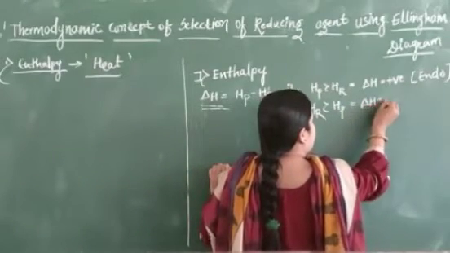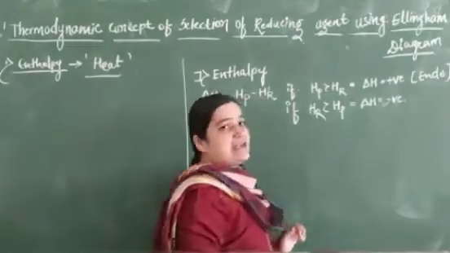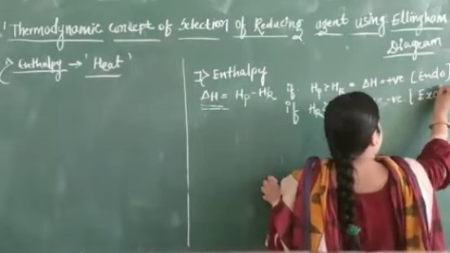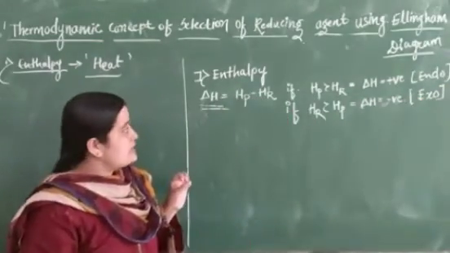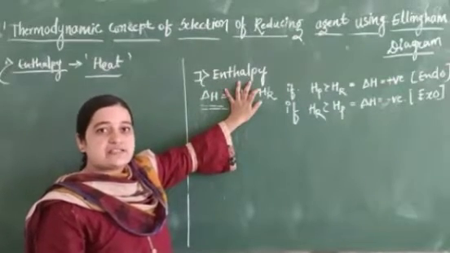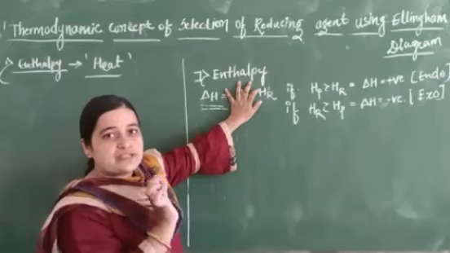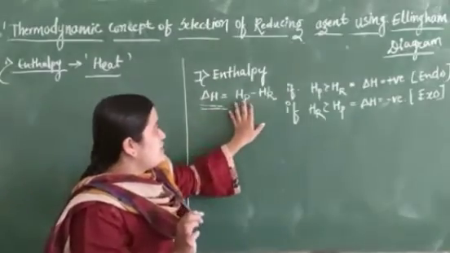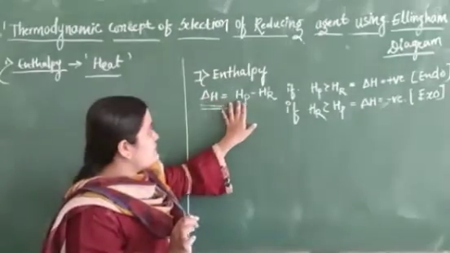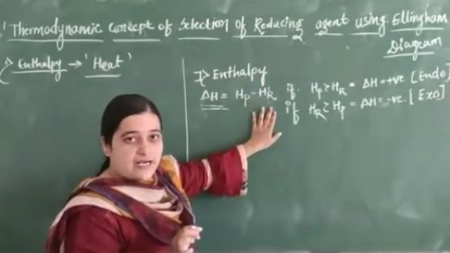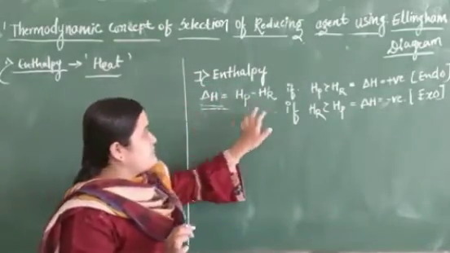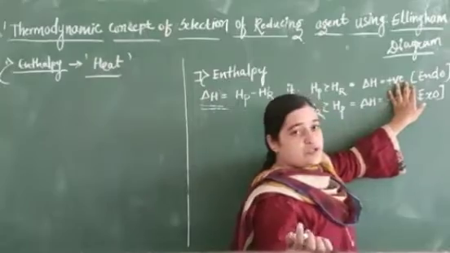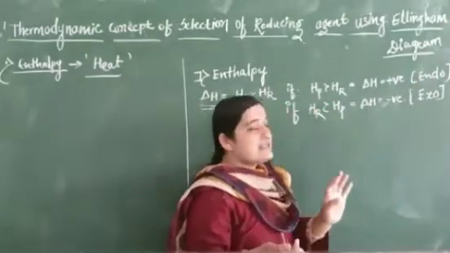Delta H becomes negative in nature, and if the total enthalpy is negative, the reaction is exothermic. So delta H, enthalpy of product minus enthalpy of reactant: if negative, the reaction is exothermic, and if positive, the reaction is endothermic.